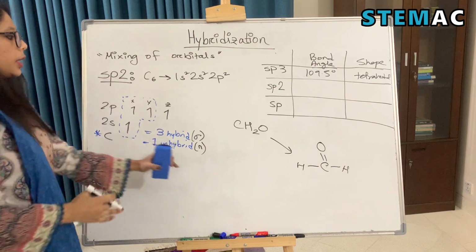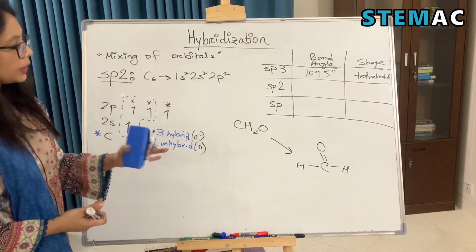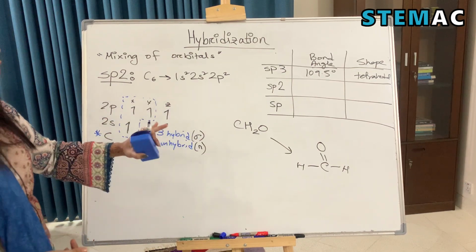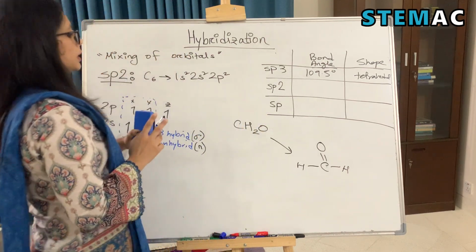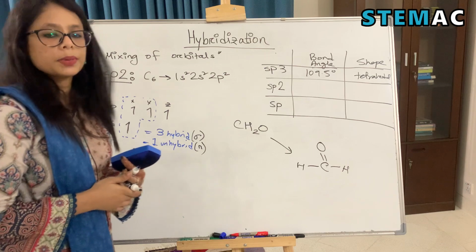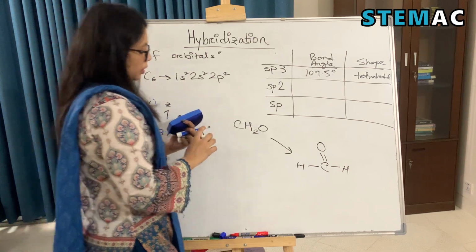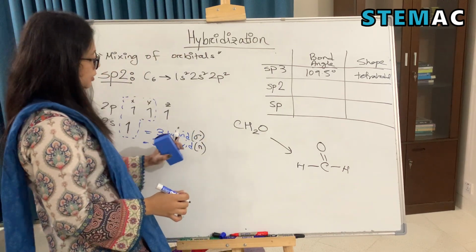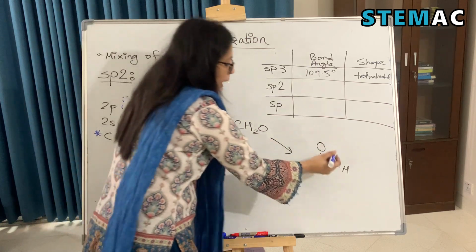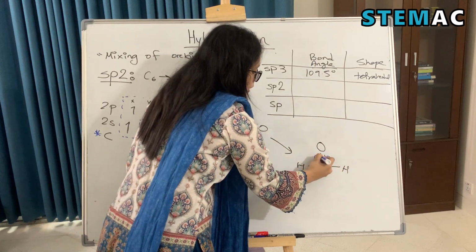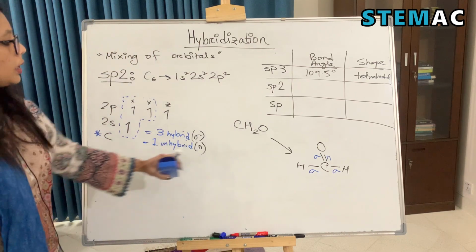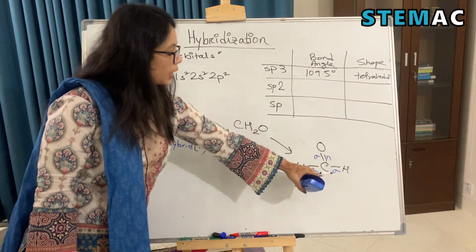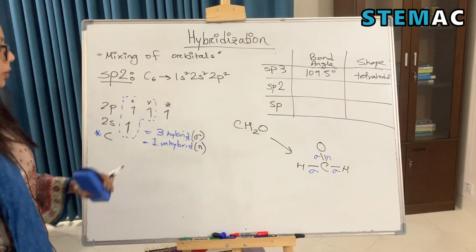Just like before, when we were considering the example of ethene, here carbon will always have 1 pi bond, which means there will always be double bonds when it comes to sp2 hybridization. So here carbon has 3 sigma and 1 pi bond, which is evident from this example too. This is sp2 hybridization because it has 3 hybrid orbitals and 1 unhybrid orbital.